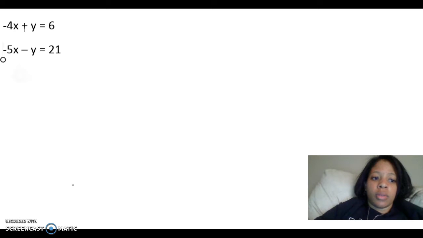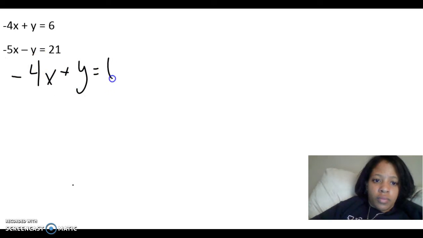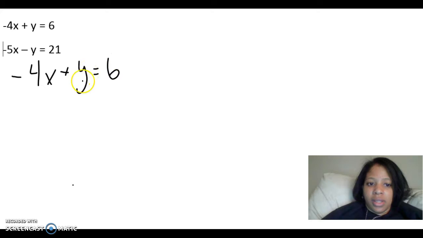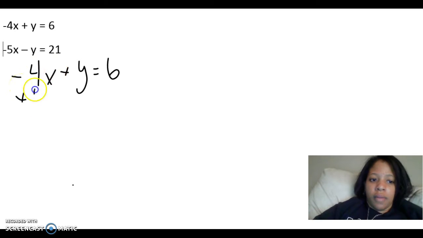So first I'm going to rewrite it. And now, because I'm solving for y, that means I want to get rid of everything except y. So I want to get rid of this negative 4x. So since it's negative, I'm going to add 4x to both sides. And so they cancel out.